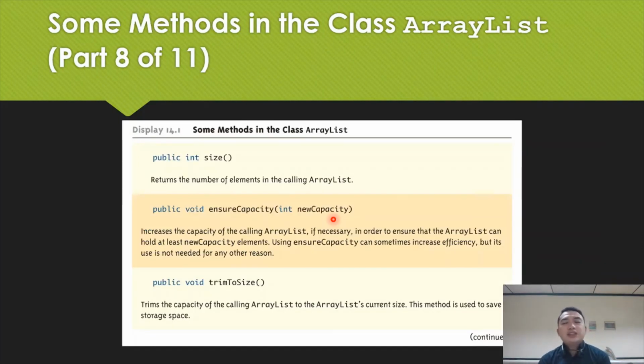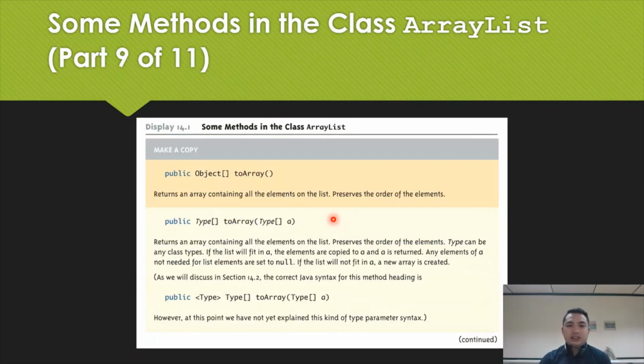Size, we already have discussed and give example on size. Ensure capacity, it will just increase the capacity of the calling array list. You can read further. And then we do have trim to size. It will just remove those unnecessary spaces in the array list. Okay, this is just toArray, and then another array.